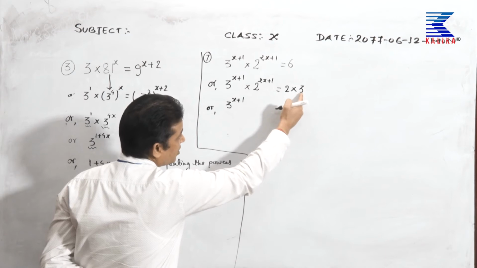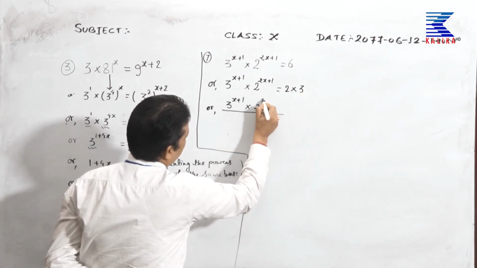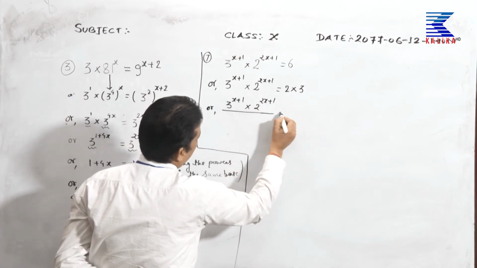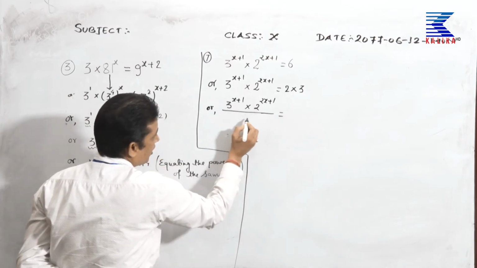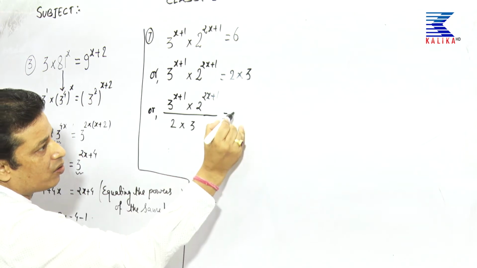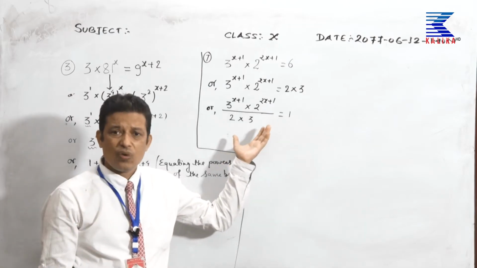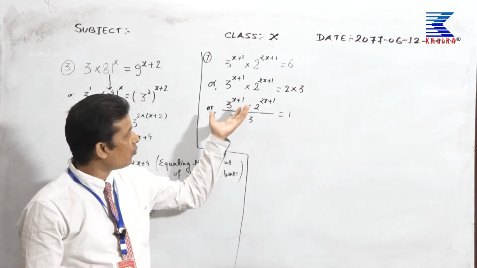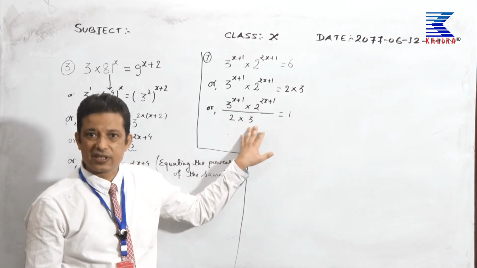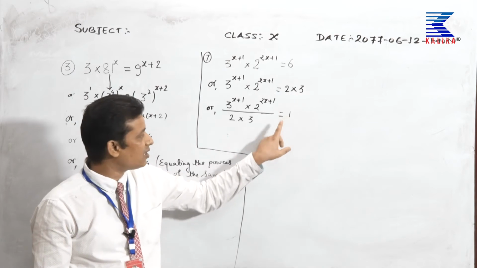Now, when this 3 comes to the left hand side, or let us say one more step I will do. Look, 2 times 3 is on the right. You can remember this step as what we have done, like we divided both sides of the equation by 2 times 3. When 2 times 3 is divided by 2 times 3, the result is 1.